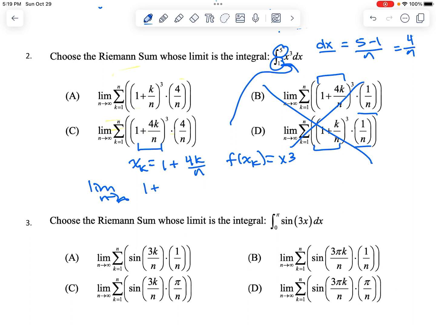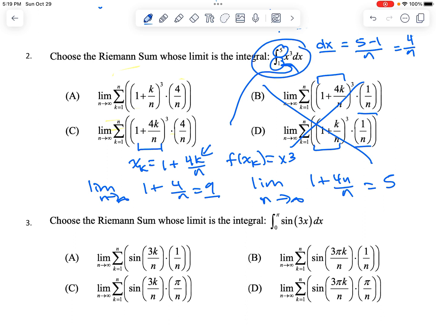You're going to plug in 1 for k. It's where we start. This limit is 1. And then our very last rectangle, or the ending bound, would be 1 plus 4n over n, and this is 5. So the bound goes from 1 to 5, which I can see is what this does. So it looks like C makes sense as your answer.